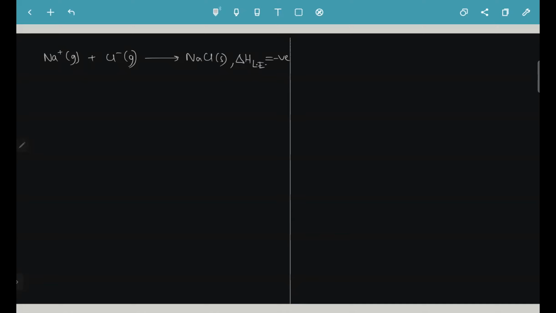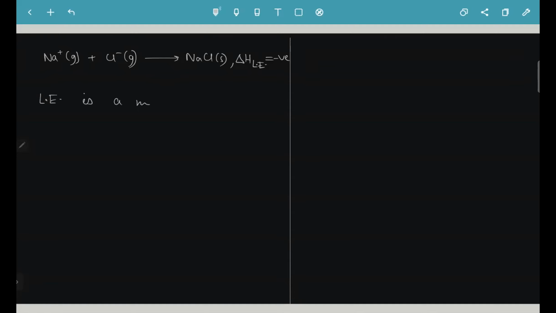Lattice energy is a measure of the attraction between the cations and anions. Stronger is the attraction between cations and anions, more will be the lattice energy. ठीक है? In a way, it is a measure of strength of ionic bond. Stronger the ionic bond, more will be the lattice energy.